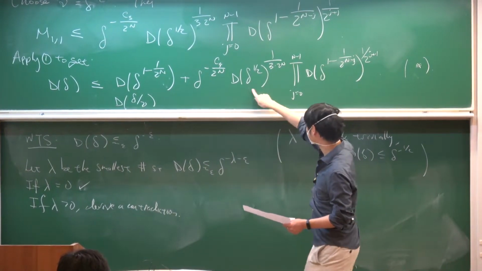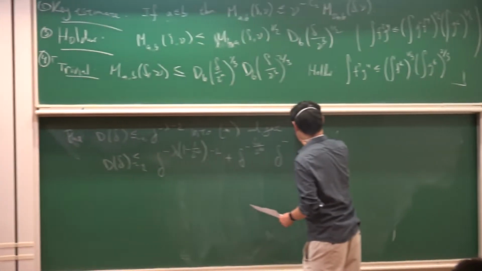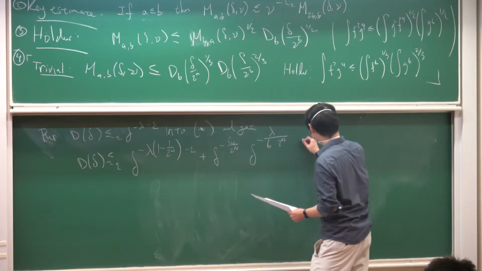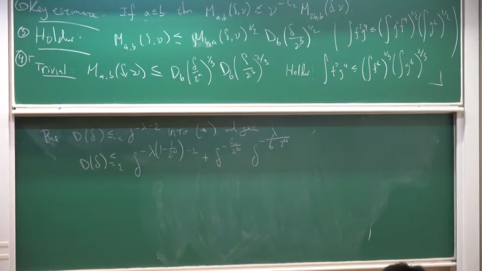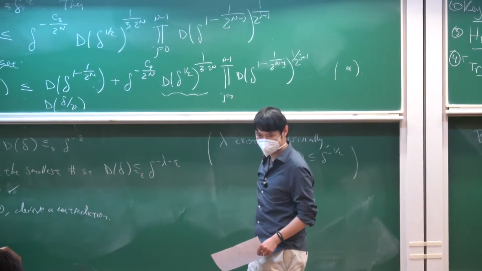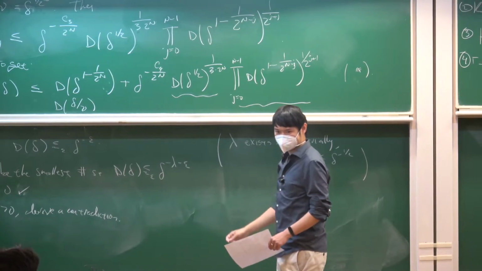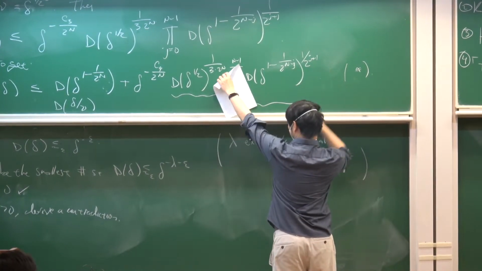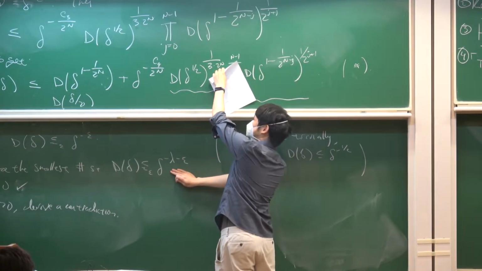So this second term gives delta to the minus lambda over 6 times 2 to the n. Then you take each of these terms, put in a delta to the minus lambda, and you get a geometric series.